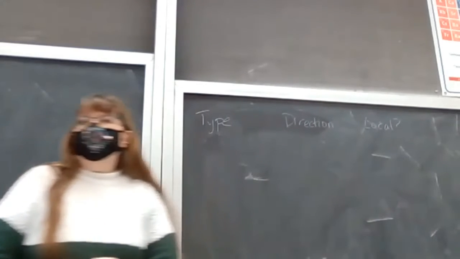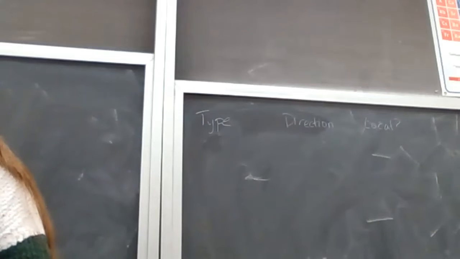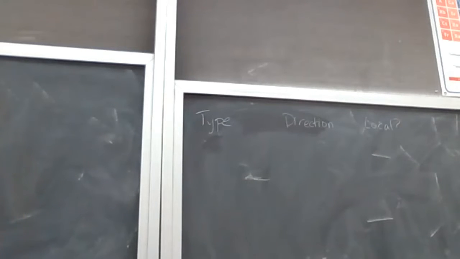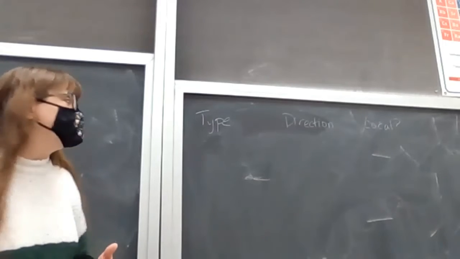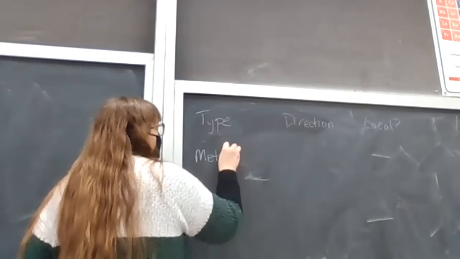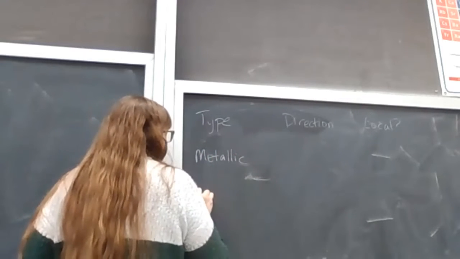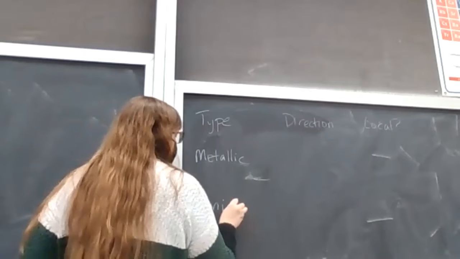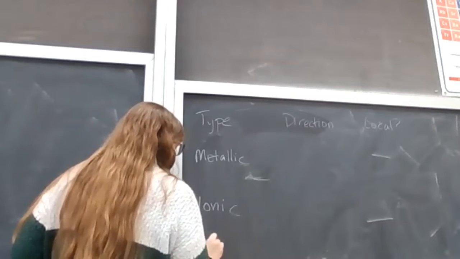Okay, for each type of bonding, we can describe two characteristics of that bonding. And that can tell us something about how the compounds might behave with those types of interactions. So we have the three types of bonding: metallic, ionic, and covalent.